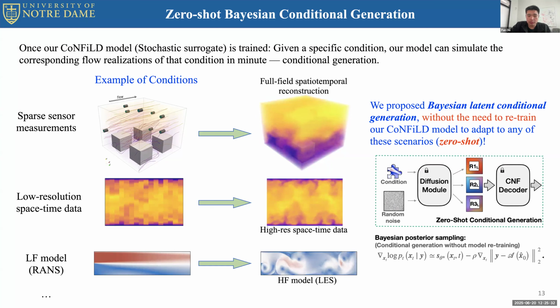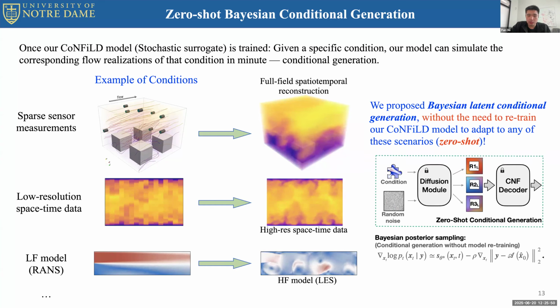And notice that all those conditional generation scenarios do not need to retrain our model, because our model can readily be adapted to all kinds of different conditional information without any retraining.